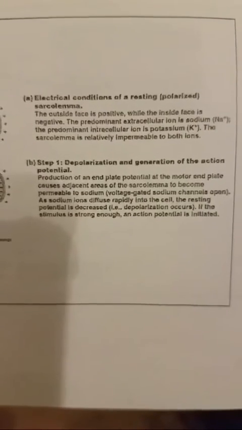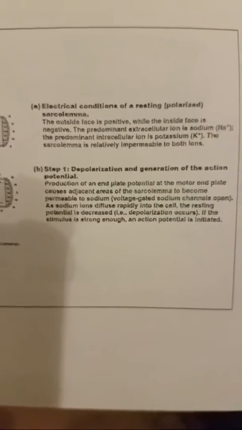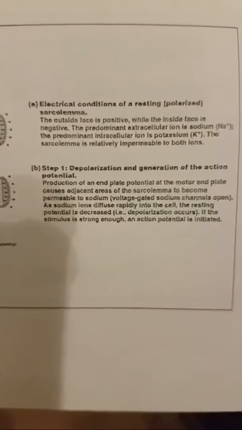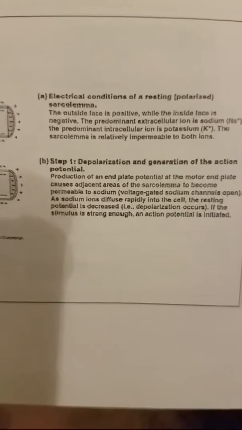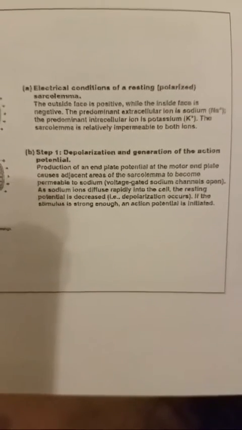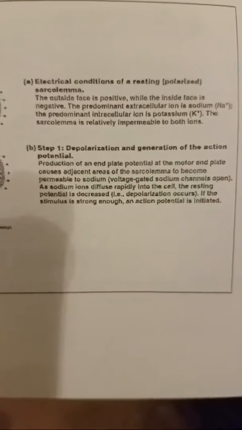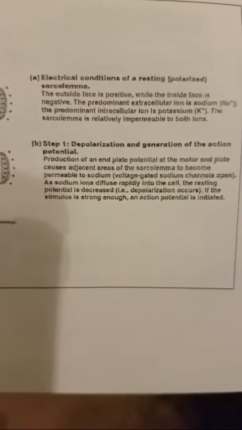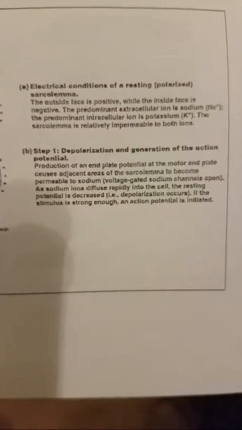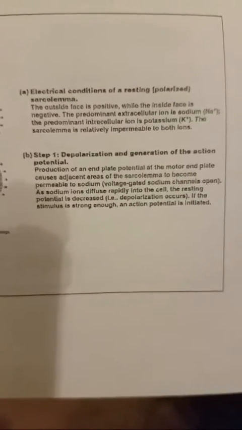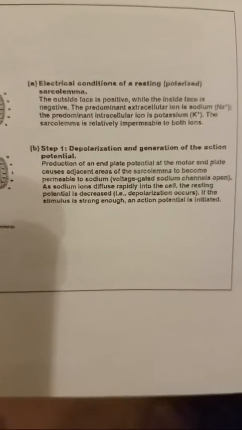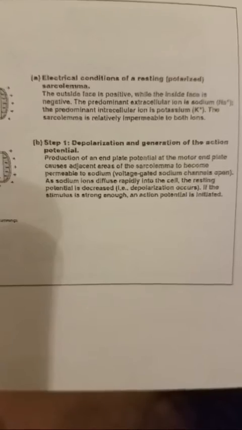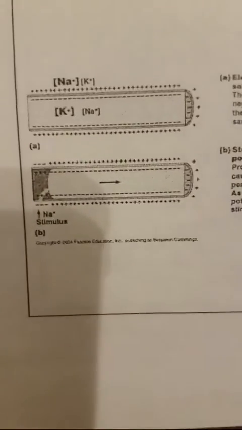And for depolarization and generation of the action potential, production of an end plate potential at the motor end plate causes adjacent areas of the sarcolemma to become permeable to sodium. Voltage-gated sodium channels open. As sodium ions diffuse rapidly into the cell, the resting potential is decreased. Depolarization occurs if the stimulus is strong enough and action potential is initiated.